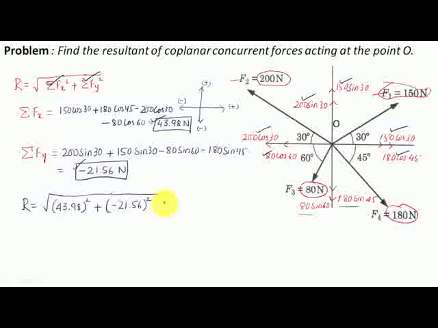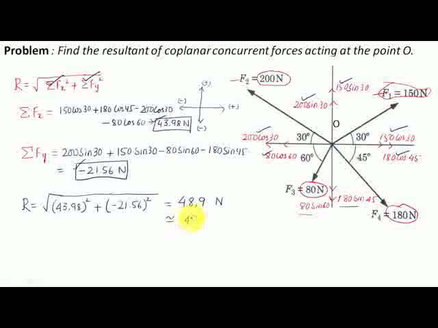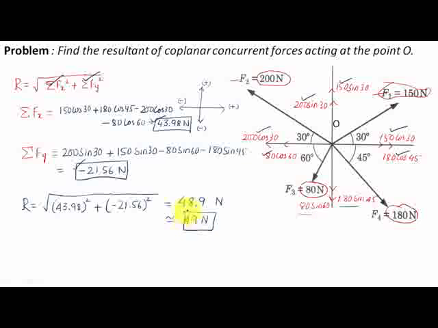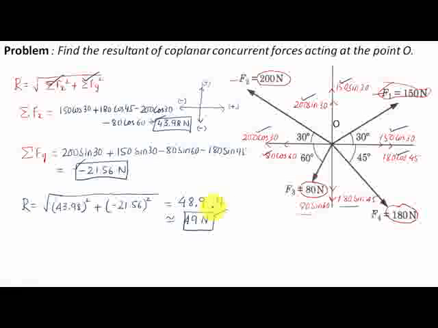When you put this in a scientific calculator, you're going to get 48.9 newtons. So you can also write this as approximately 49 newtons, to be very precise. The overall effect of all these forces is going to be 49 newtons. You can also say that if you want to replace all these forces, F1, F2, F3 and F4, you can replace them with one single force of magnitude 49 newtons.